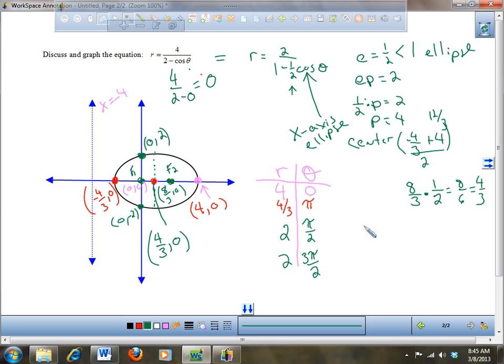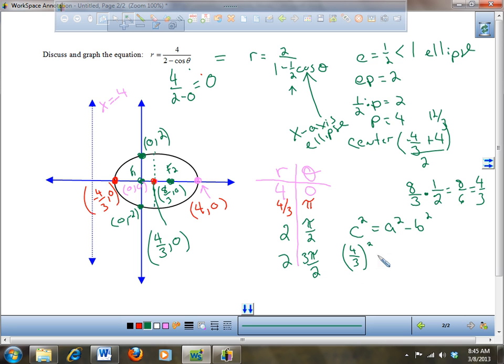And in an ellipse, I know that C squared equals A squared minus B squared. And I know C is the distance from here to here. So what's C? 4/3. So I know 4/3 squared equals A squared minus B squared. Now you have to be good at fractions.